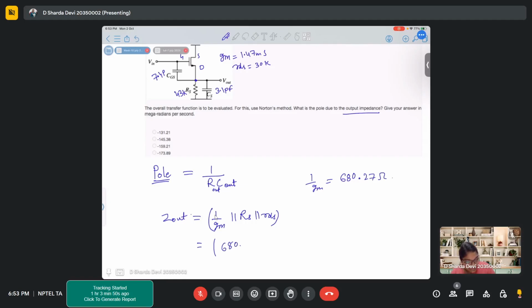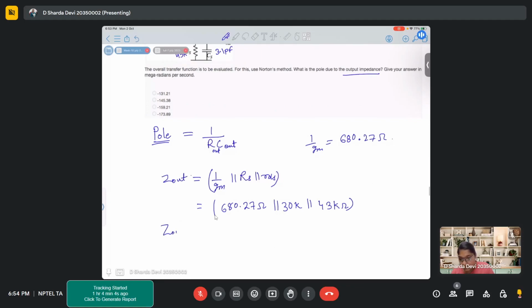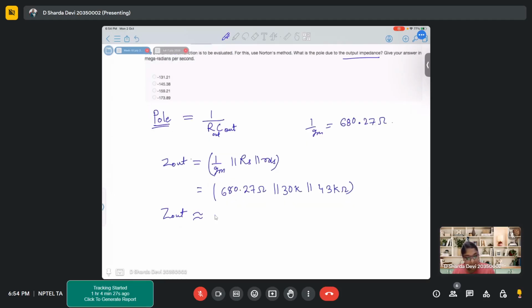So 680.27 ohms parallel to 30 kilo ohms parallel to 43 kilo ohms. So the Z out will turn out to be very close to your 680 ohms, because in a parallel combination, the resultant turns out to be the lowest value. So that's why. So what is the value of Z out that you'll get? 680 parallel 30 parallel 43K.